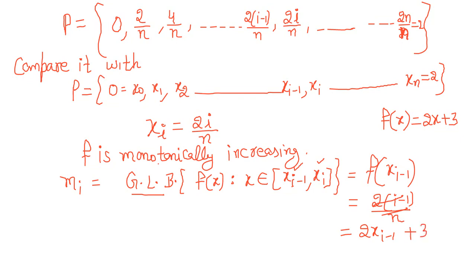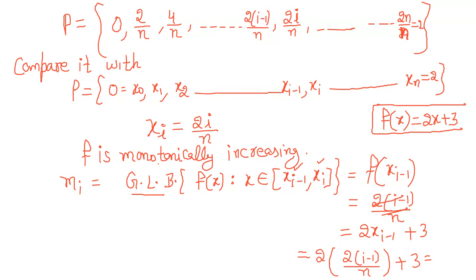So it will be twice x(i minus 1). So what is x(i minus 1)? So it is 2(i minus 1) upon n plus 3. Any doubt up to this point? No, sir. Okay, fine. So it means that you are getting here 4(i minus 1) upon n plus 3.